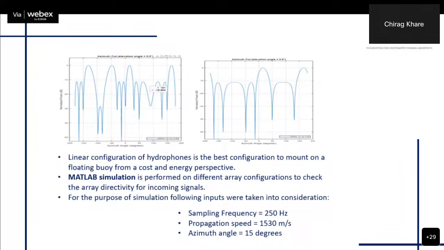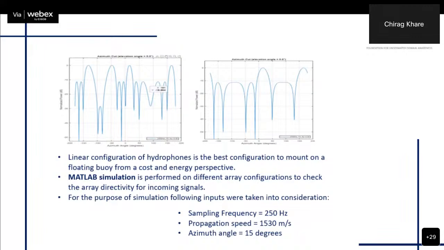Also, the linear configuration of hydrophones is very important because it differs in array directivity from different configurations for receiving incoming signals. Like if we change the array configuration from 4 to 2, it will highly differ in the measured values of incoming sonar signals.